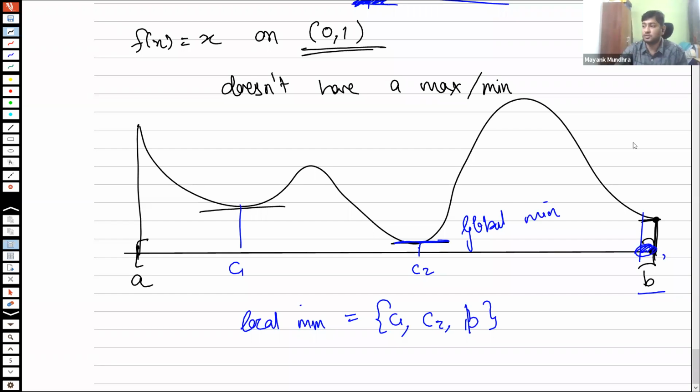You can never reach 0. Similarly, x equals 1 is not a maxima because you never reach 1. The problem is that this set is not compact.